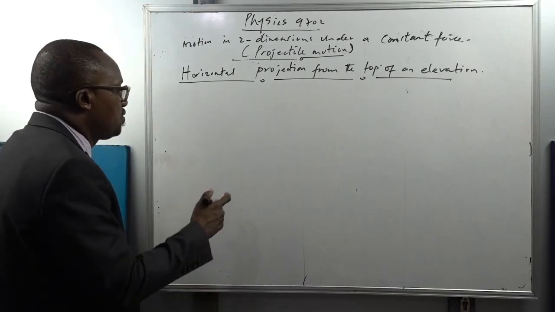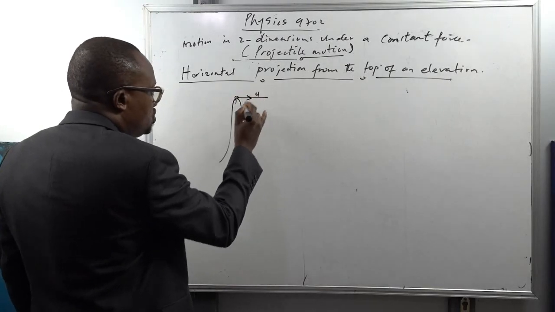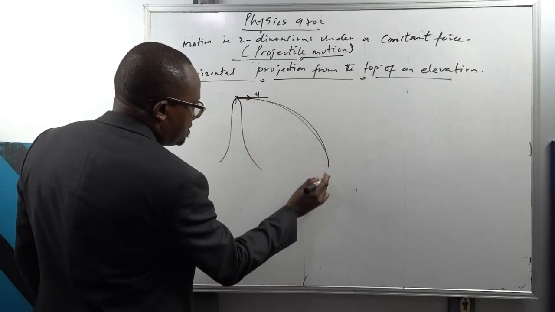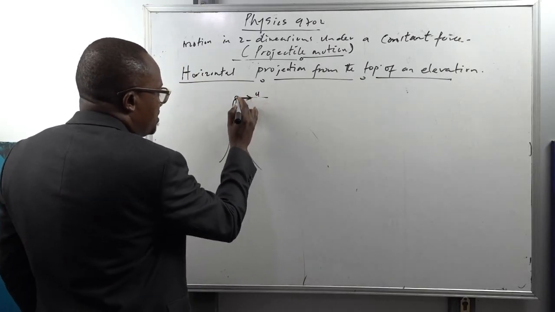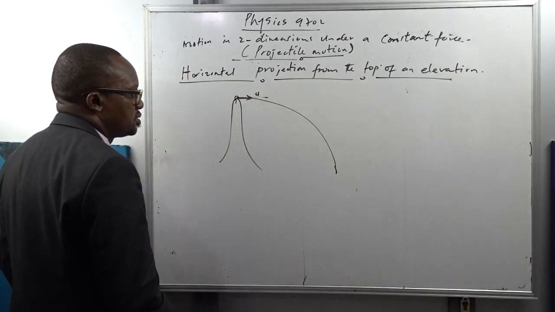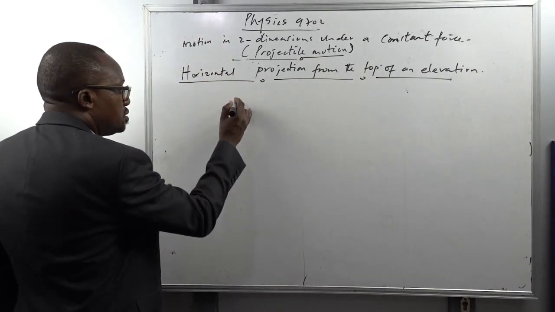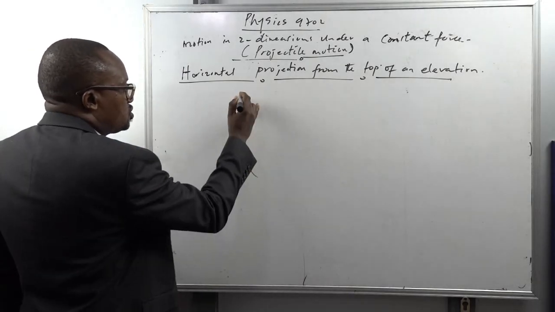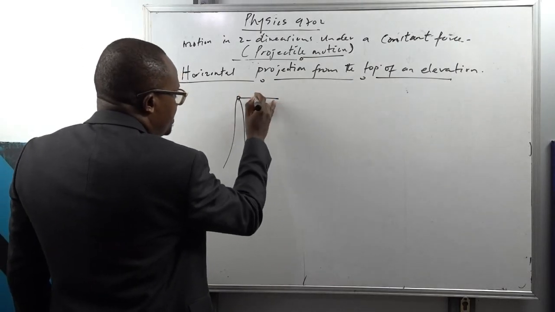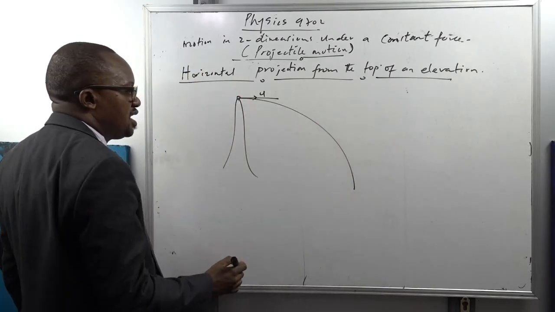If a particle is projected horizontally from the top of an elevation with the velocity u, the particle moves forward and also downwards.